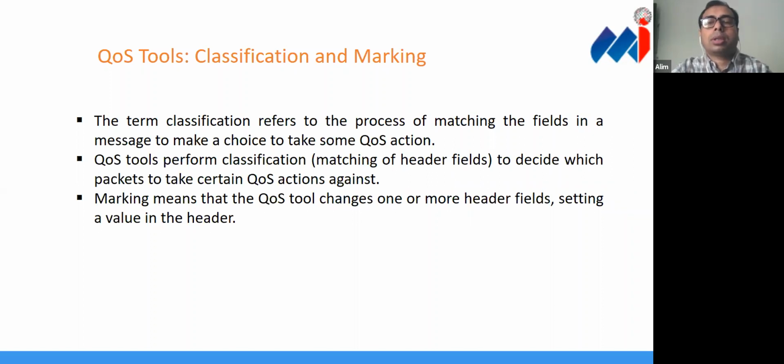Classification is actually matching the fields in a message to make a choice to take some course. Say different traffic has different attributes, so based on that, we will classify them. Say we have voice traffic, we have data, we have video. So based on different attributes, we will classify them.